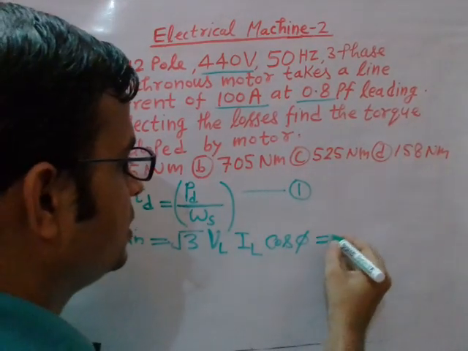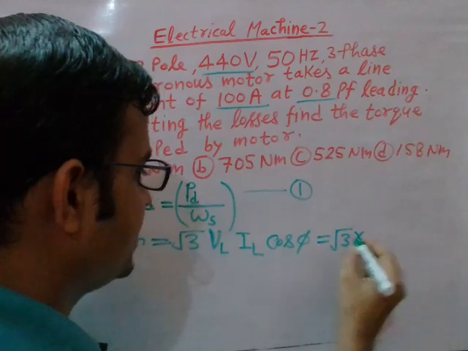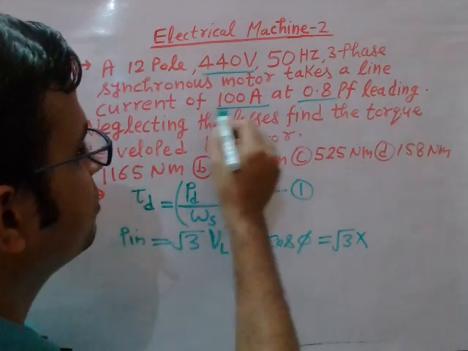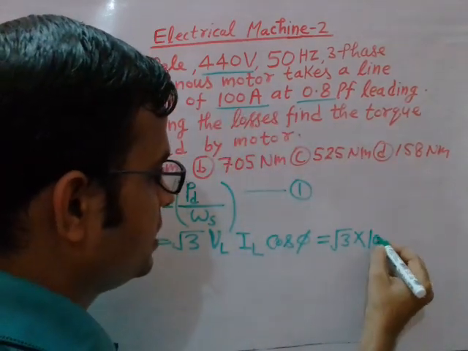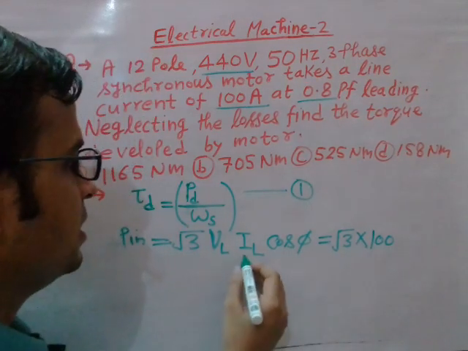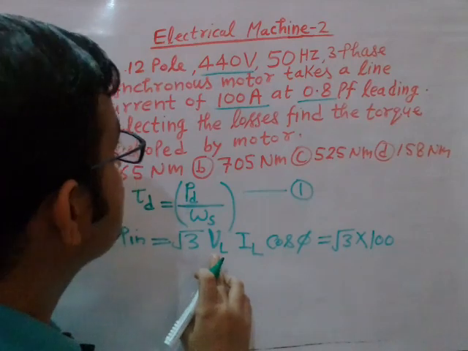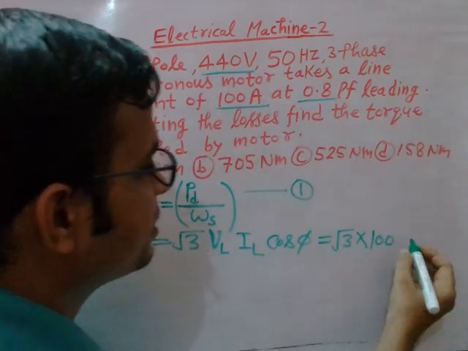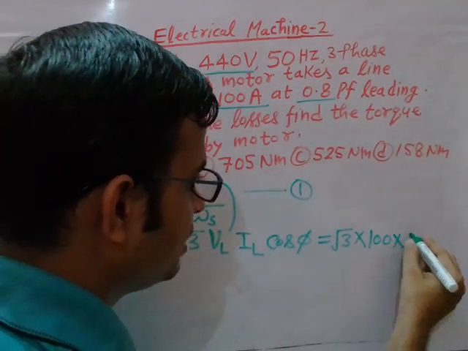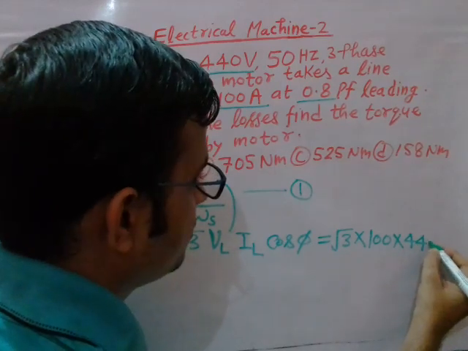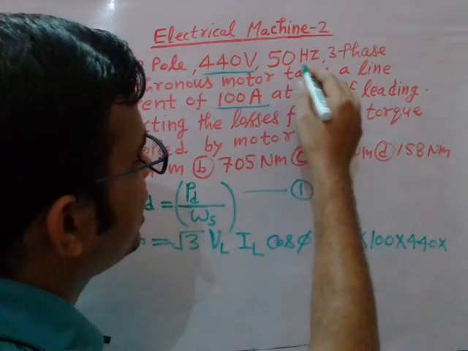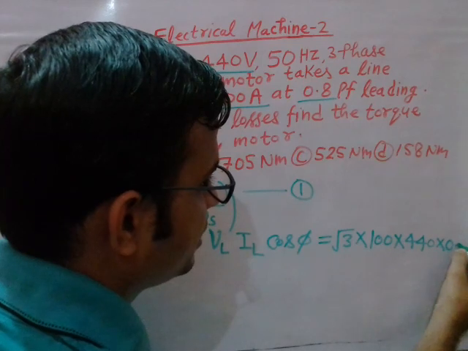What is the line current taken by the motor? It is 100 ampere. And what is voltage VL? Supply voltage is 440 volts. Both are line values, right? And the operating power factor is 0.8.